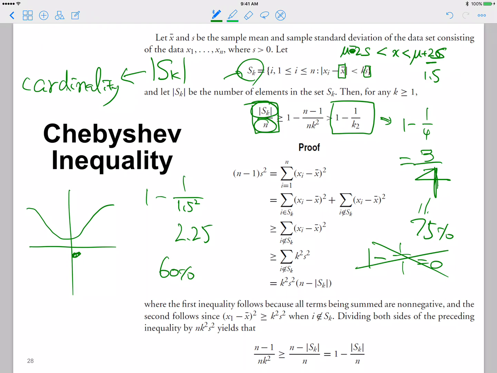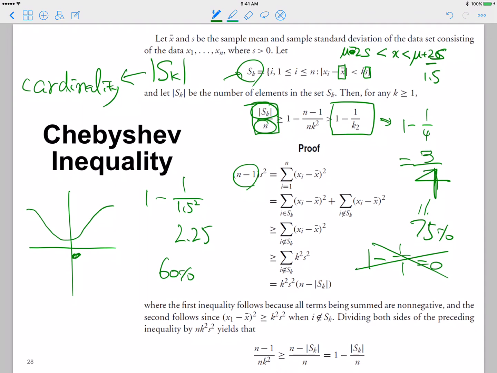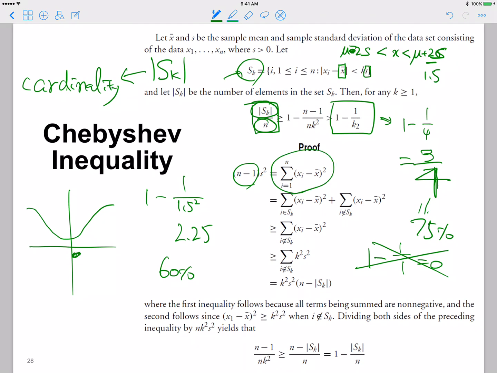We have a proof of this, so let's prove that very quickly. The sample variance is defined by this sum divided by n minus 1, and we can multiply it here. This part involves all the data items: compute the differences from the mean value, take the square, and sum them up.